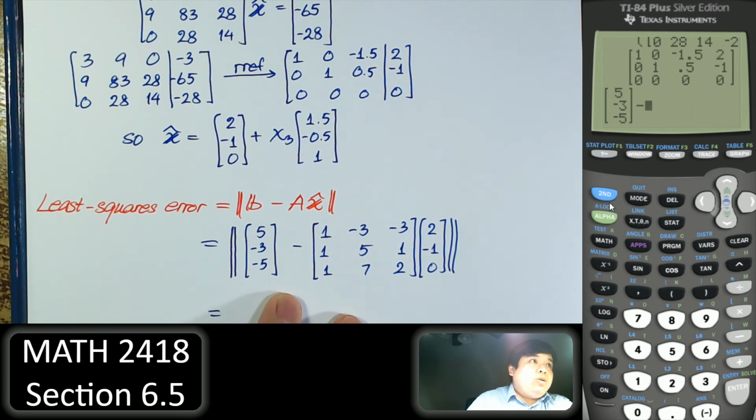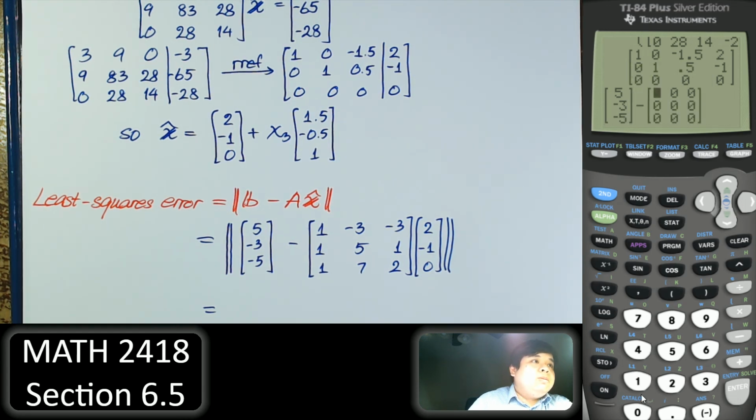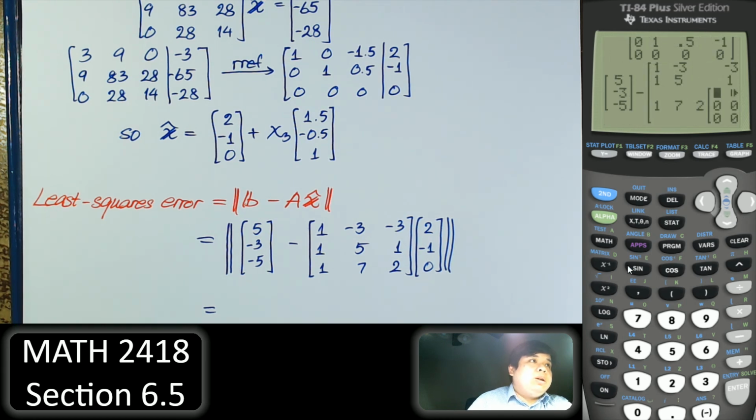Subtract the matrix 1, negative 3, negative 3, 1, 5, 1, 1, 7, and 2, and then times the matrix x hat.